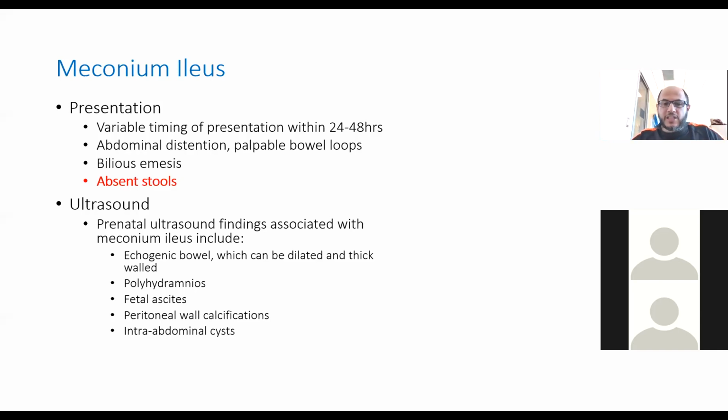Usually polyhydramnios occurs with obstruction at the ileum and above; with distal obstruction, polyhydramnios is less likely. They might also describe fetal ascites, peritoneal wall calcification, or intra-abdominal cysts. All of that can be indicative of meconium ileus, or it can be normal.